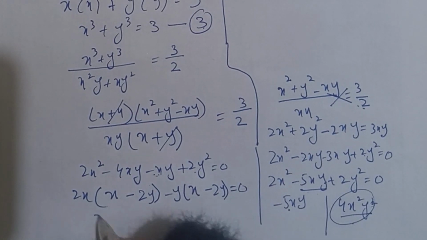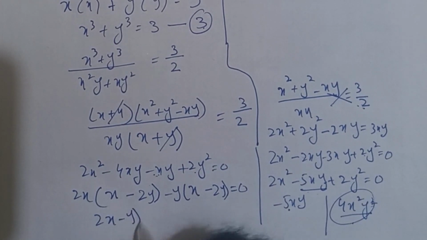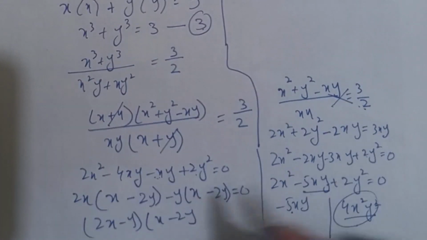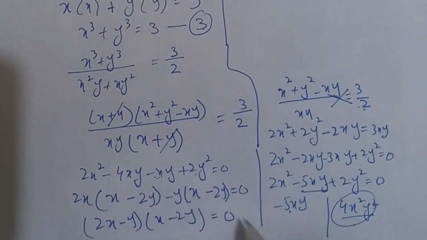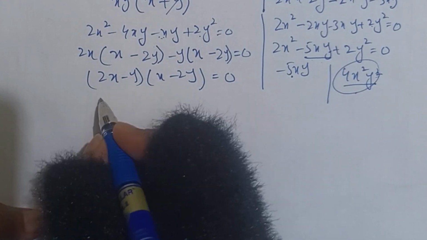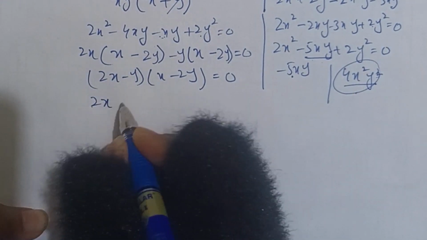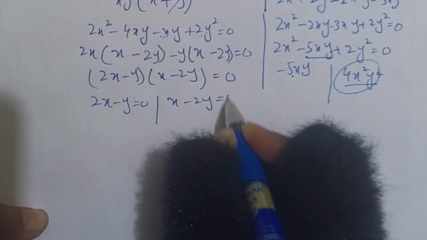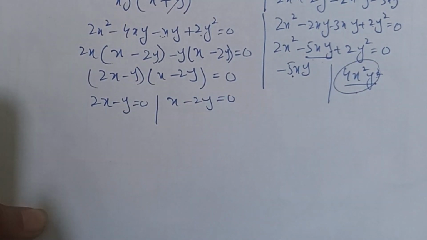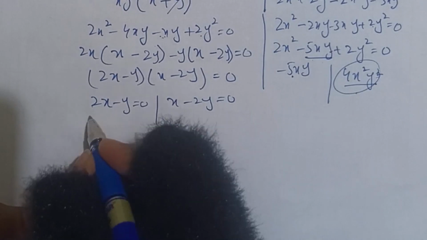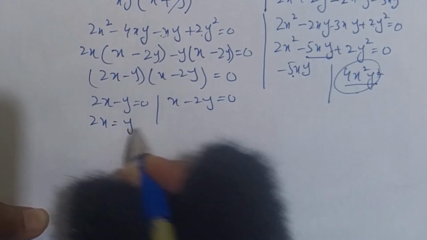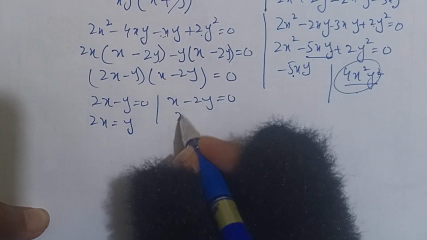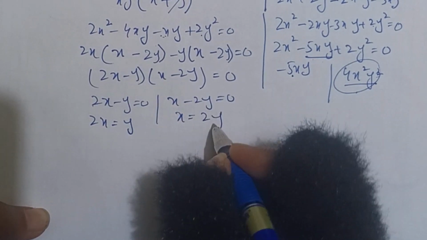We can write this as 2x minus y multiplied by x minus 2y is equal to 0. So this implies one of them must be equal to 0. So 2x minus y is equal to 0, or x minus 2y is equal to 0. If we add y on both sides, then we get 2x is equal to y. And here if we add 2y on both sides, then we get x is equal to 2y.